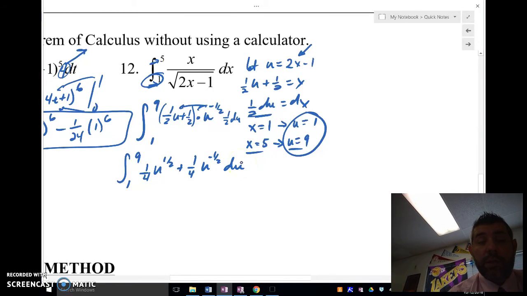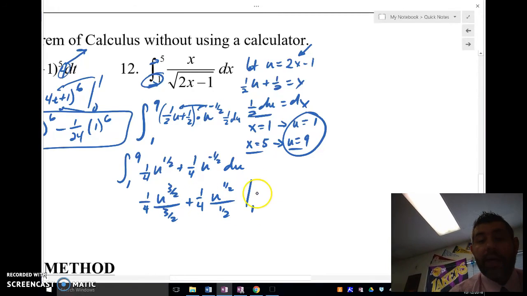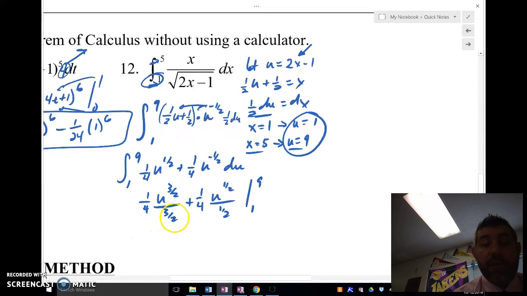Okay, okie dokie. So let me do my antiderivative, and I'm going to get, let's see, 3/2. So 1/4 u to the 3/2 over 3/2 plus 1/4 u to the 1/2 over 1/2, and I'm going to evaluate that from 1 to 9 this time. So let's go ahead and plug in 9 in there, and let's see what happens.